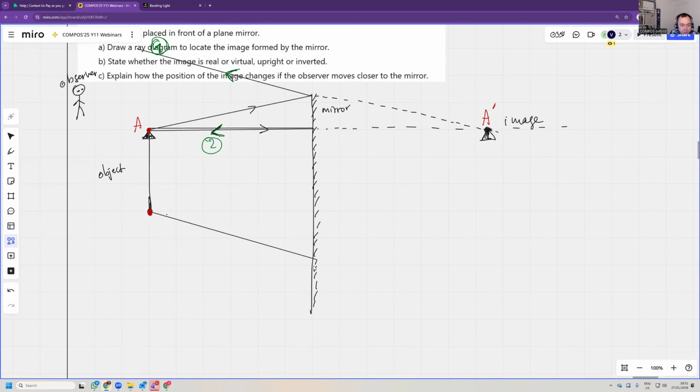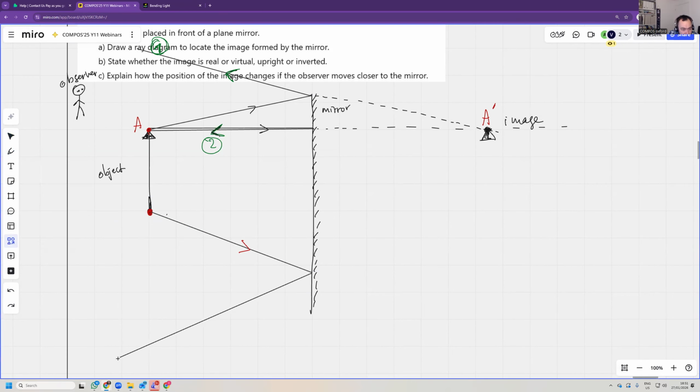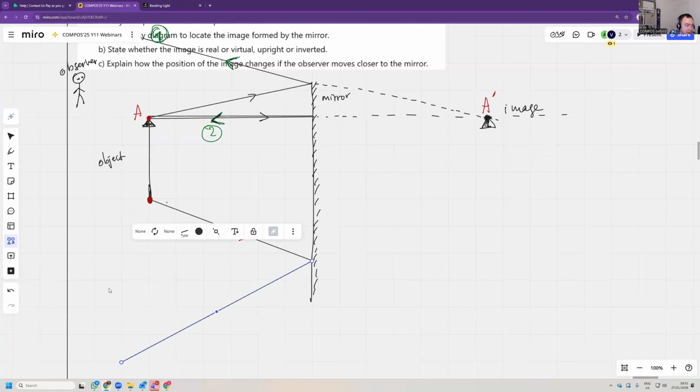So one ray going like this, and it reflects off the mirror roughly like this.